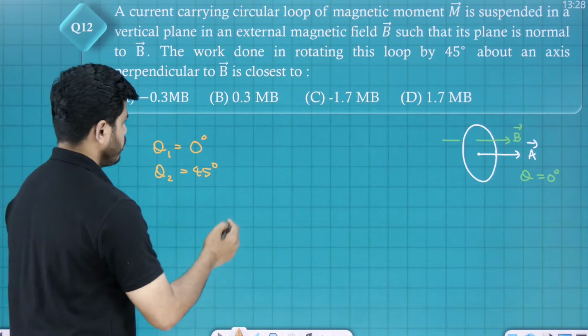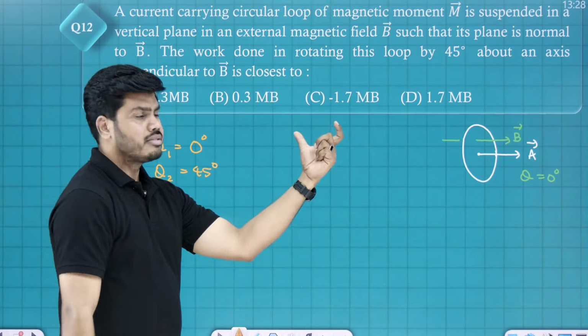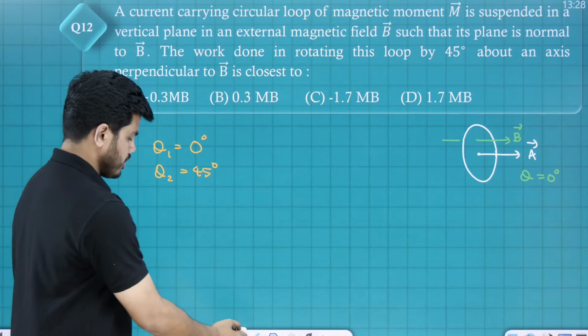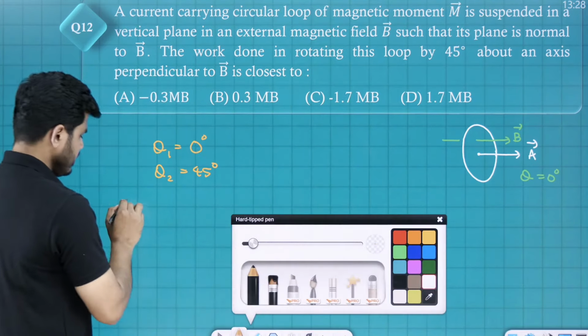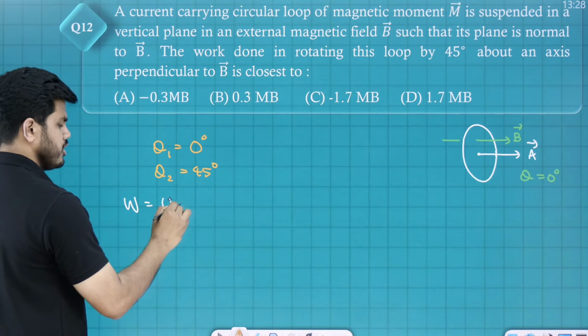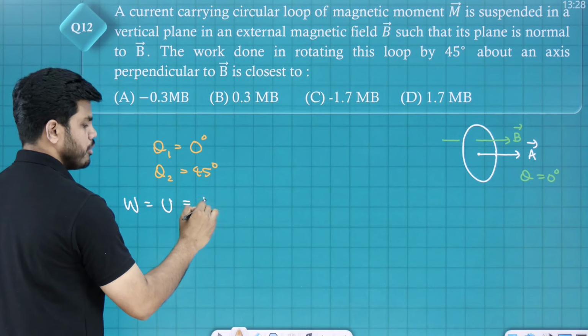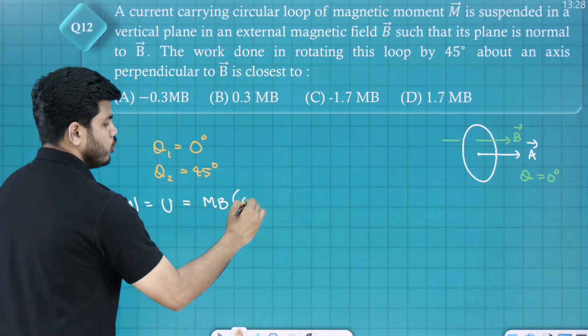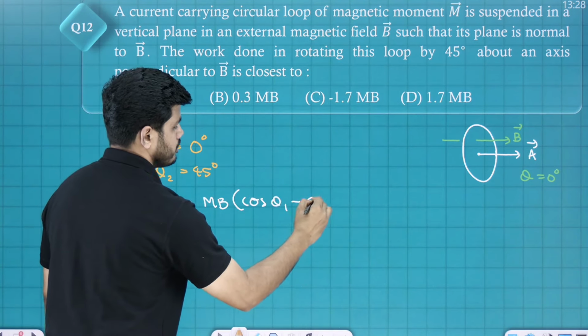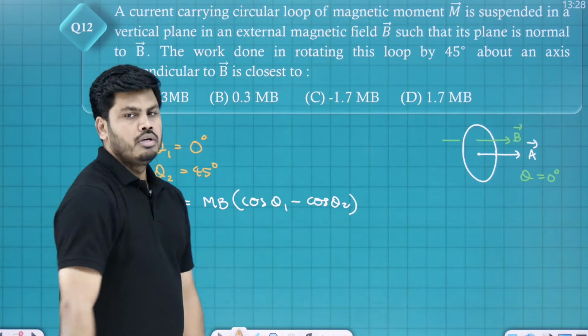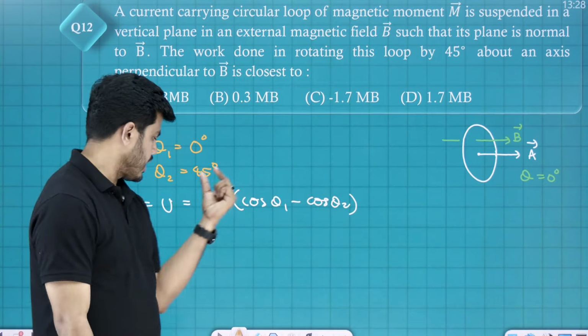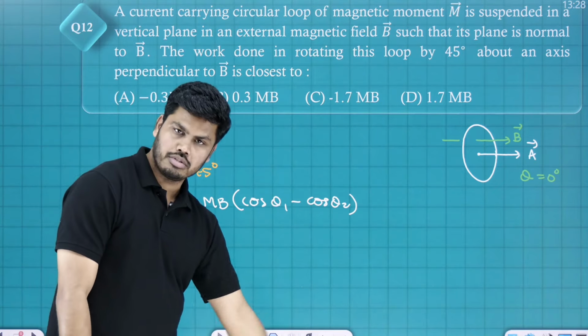Now, the work done is going to be equal to the change in potential energy, right? Work done equals PE, that is, the magnetic moment M times B, into cos theta 1 minus cos theta 2. This is the equation we have: MB (cos theta 1 minus cos theta 2).